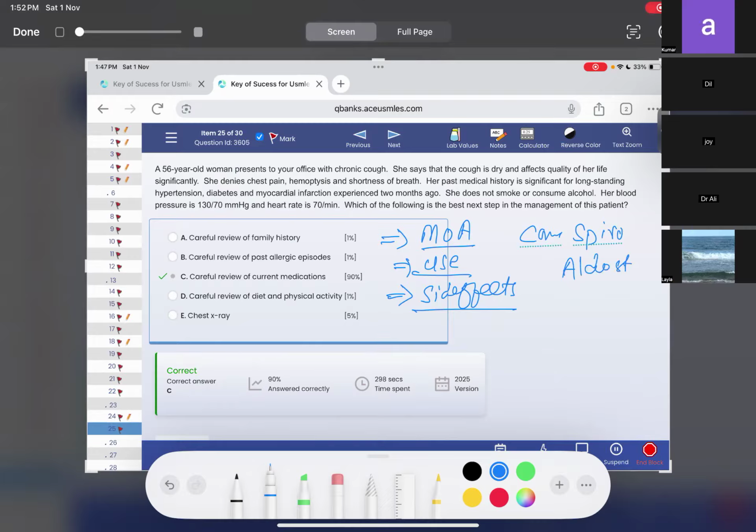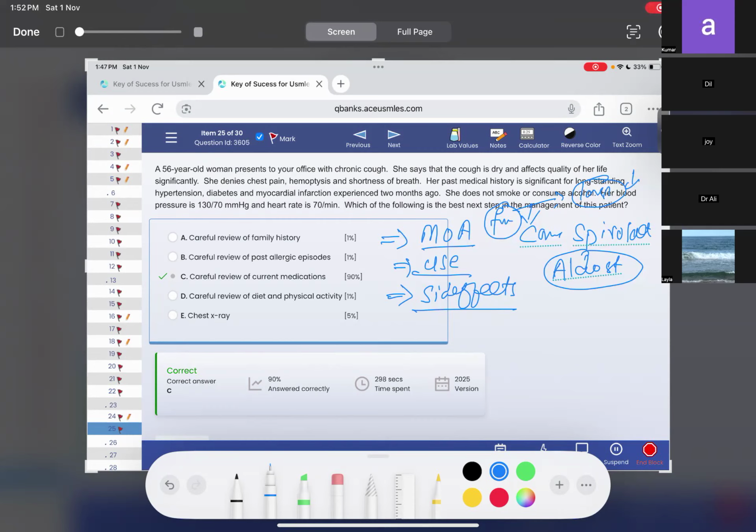But in the acute stage we use furosemide because first we have to decrease the fluid overload. Furosemide does not improve long-term survival, so after the fluid overload we switch to spironolactone because it increases lifetime. That usually comes in Step 2 types of questions, not in Step 1.